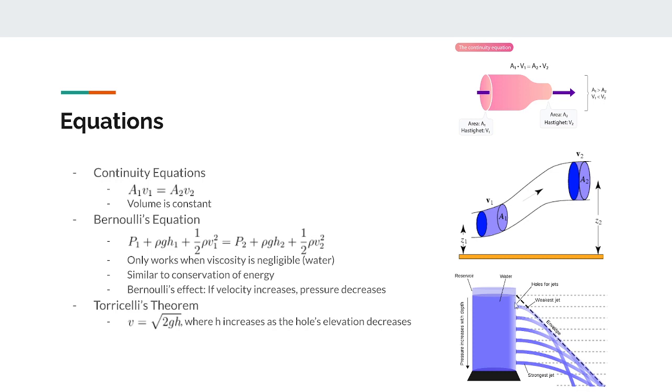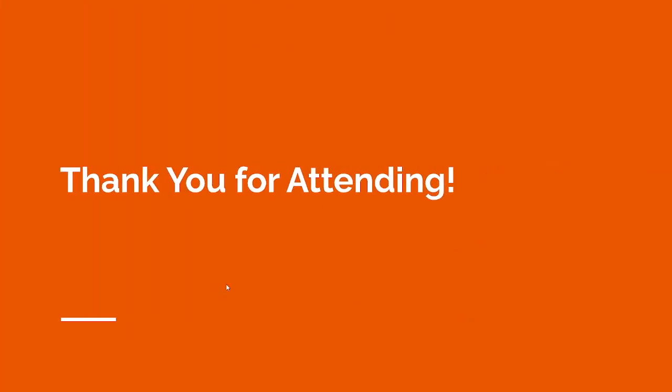So h goes kind of inversely with the actual height, right? So if we see this, we can see that this top one will actually be the weakest jet, and this bottom one will be the strongest jet, because h in this case, which is inverse to our actual elevation, is highest there, right? So I think that's about it.